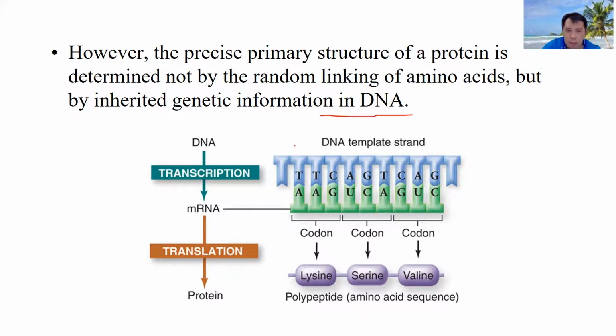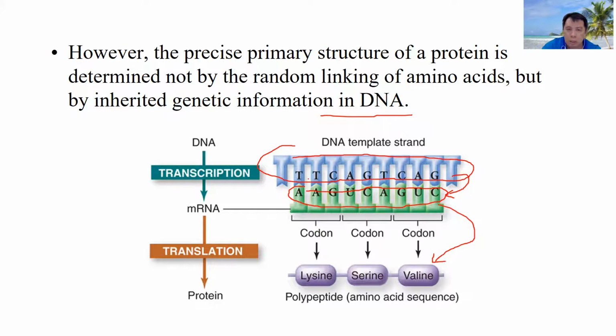For example, here I only show you part of the DNA, with the nitrogenous bases. From here it is like a sentence, meaningful information. Later this meaningful information will be transcribed into mRNA. So the mRNA copies the genetic information, to be translated into a polypeptide or protein.